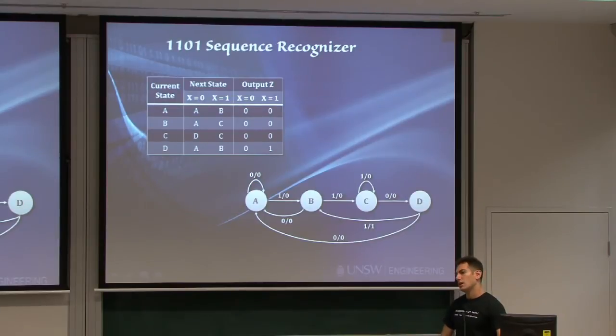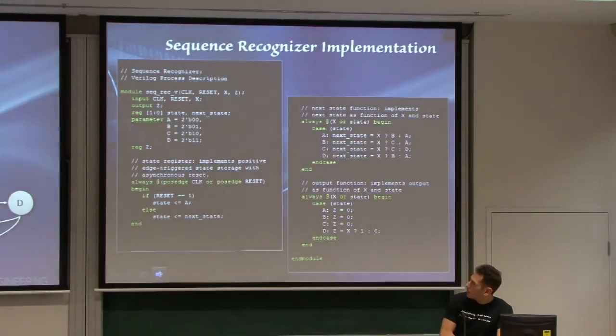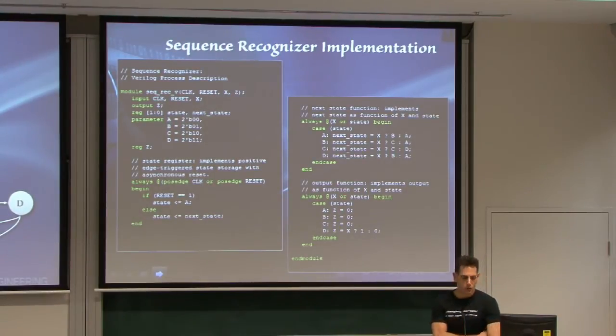Now, I want to take this example and implement it in Verilog. This is to show you one way of implementing state machines. This is an example of a perfectly good state machine in Verilog. I will give you a couple of minutes to stare through this code and try to understand what's going on.